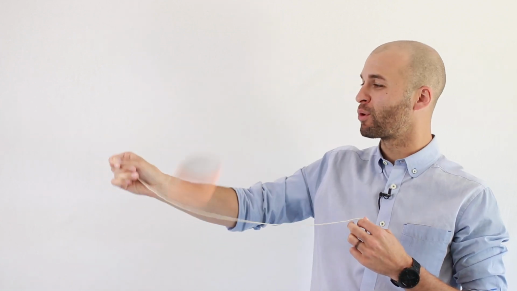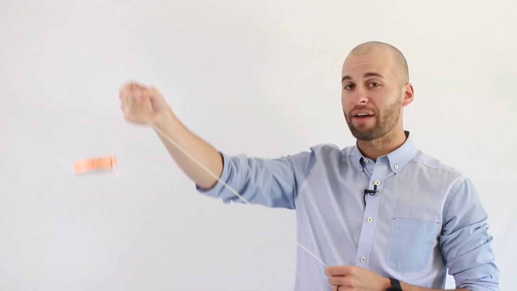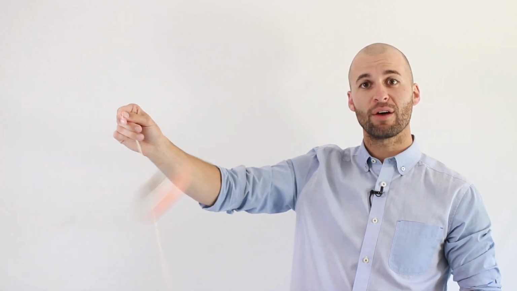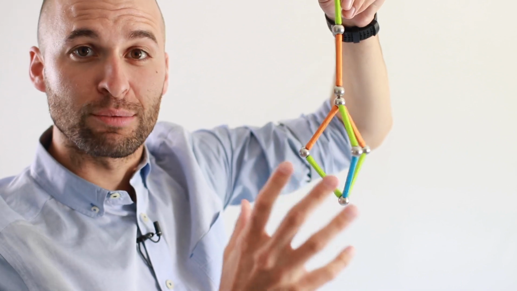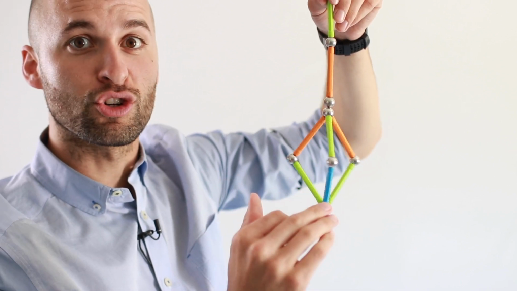So think about, what force is it that's keeping it in that circular path? Well, it's not gravity, because that would just pull it down. It's got to be the force from the string, that tension force, because without that tension force, it's no longer going in that circular path. There has to be some force pointed into that center to keep it going in a circle. Every object that's going in a circle needs that centripetal force.